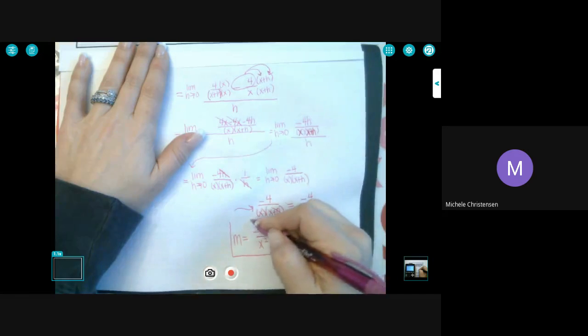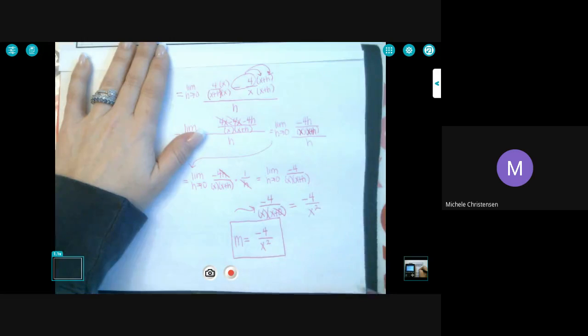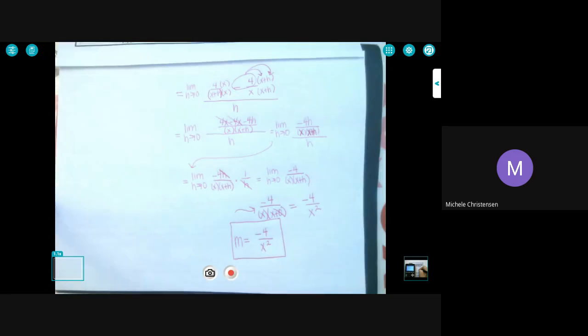So now I can take any x value that I want, plug it into this expression, and I can just do simple math to get the slope and very quickly find for multiple x values, rather than having to do this whole limit process for multiple specific points, right?